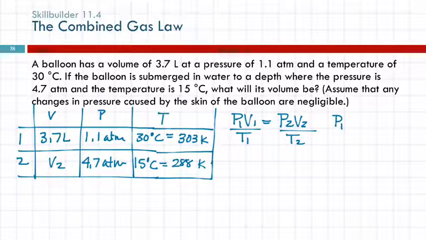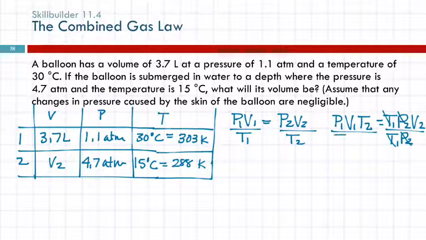So cross multiply. I want V2, so I'm going to divide by T1 and P2. Divide by T1 and P2.